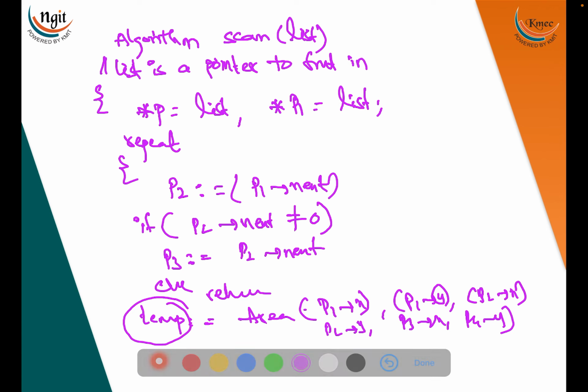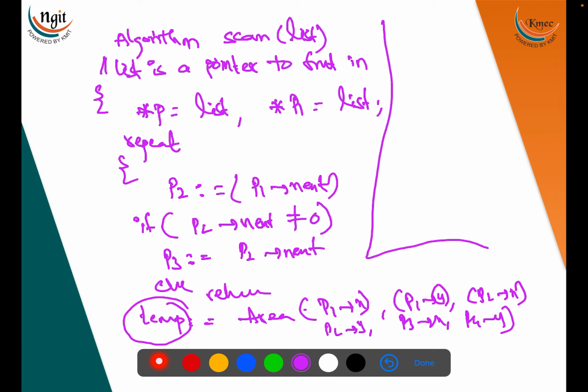If this value, the area which I have calculated, is greater than or equal to 0, then p1 is equal to p1 to next. We will be pointing to p1 to next. If p1, p2, p3 form a left turn, move one point ahead. That is, we are traveling anti-clockwise.